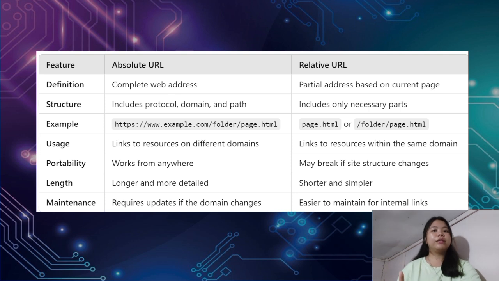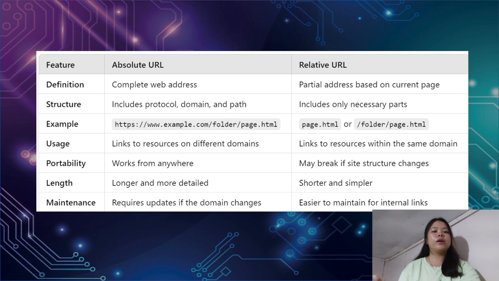As for their maintenance, the absolute URL requires an update if the domain changes. So it means if you change your website's main address, like from www.oldsite.com to www.newsite.com, then you'll need to update all the absolute URLs to the new address.